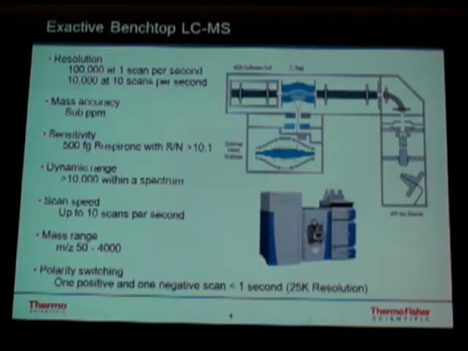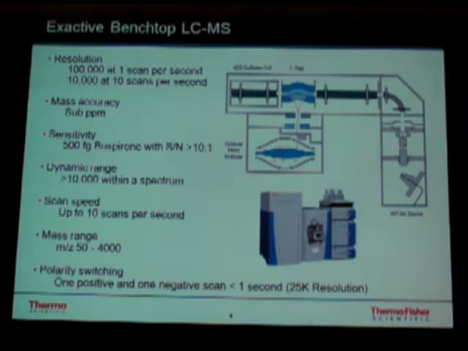Now just quickly, what does that do for us? It offers 100,000 resolution at a scan speed of 1 second. And you can obviously run it at 10,000 resolution, which is somewhere like a QTOF resolution.